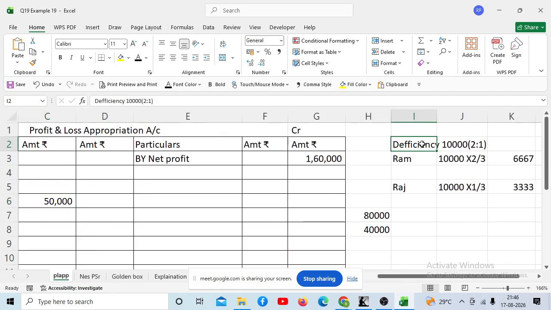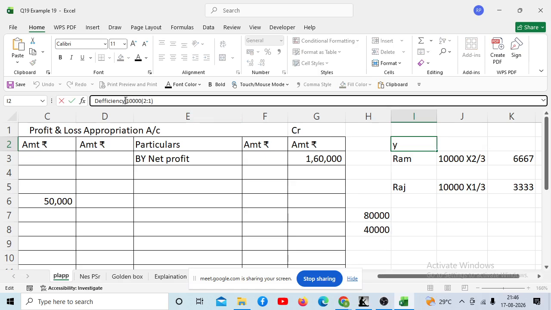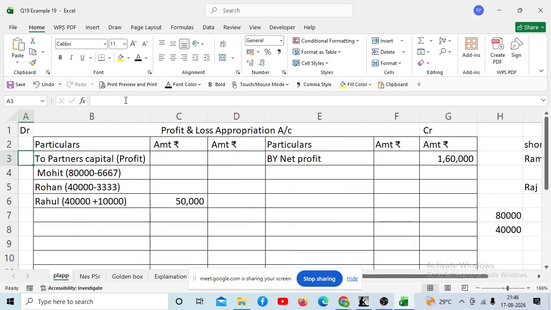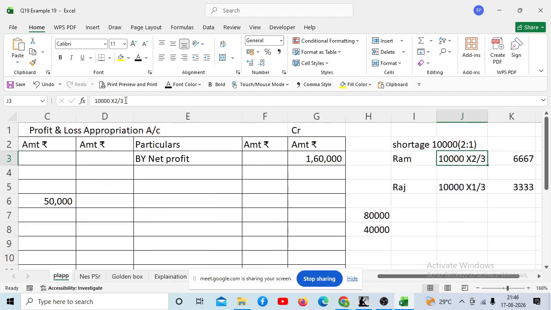the other two partners. So I am writing here, shortage of 10,000 will be borne by Mohit and Rohan. What is the name of the partners? Mohit and Rohan. Yeah, so let me change the name to Mohit and Rohan.